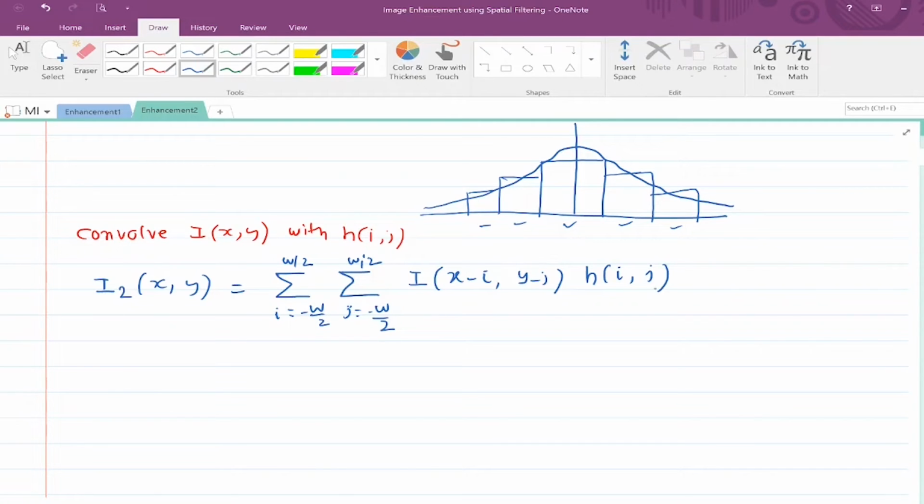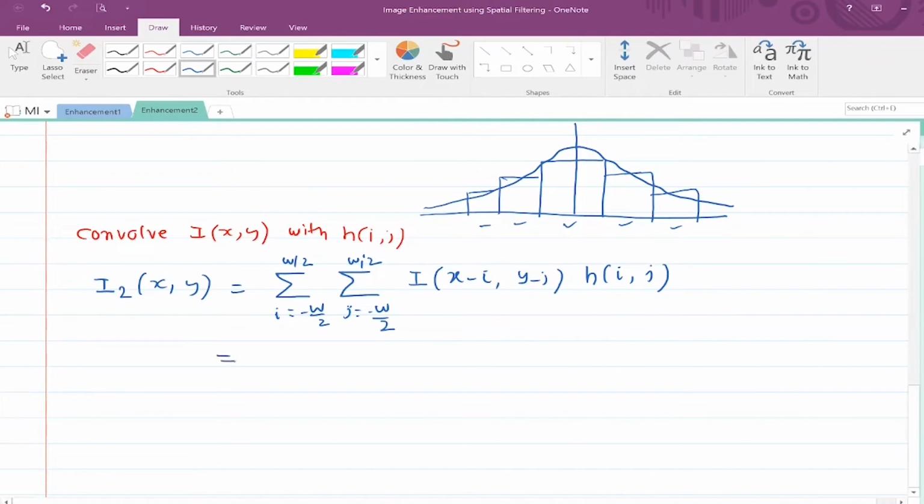You already know from your DSP background that the convolution operation satisfies the commutative property. So if I want, instead of flipping the image around the point x comma y, I could flip my kernel itself. So how could I write that?